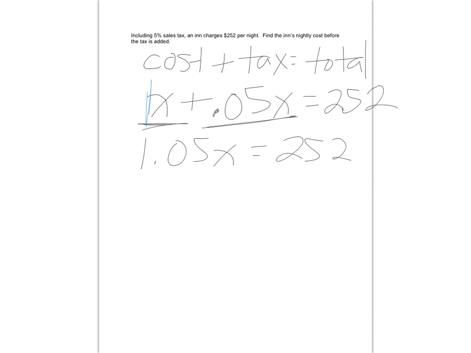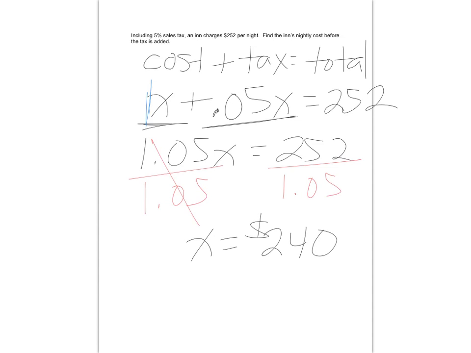And then divide by 1.05. 252 divided by 1.05 is 240. Now, is that what they're asking for? X is the cost, and that's what they're asking for. Find the inn's nightly cost before tax, and that's what X is. So that problem is finished.